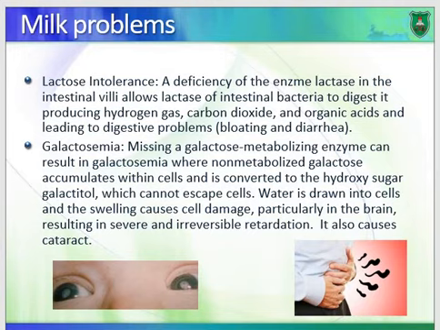Another problem related to disaccharides or to sugars is galactosemia. And this is a genetic problem in which a galactose metabolizing enzyme, okay, is missing or is deficient due to a genetic mutation. This would result in accumulation of galactose, okay, so it does not get metabolized.